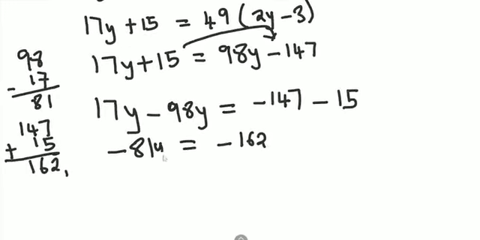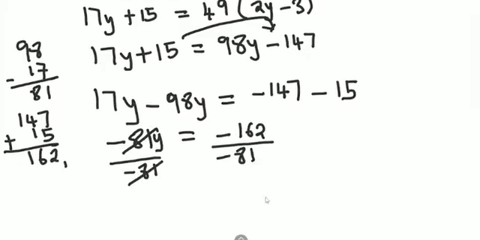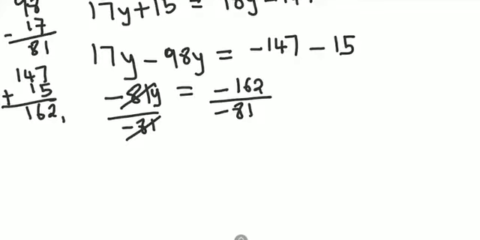Now remember, we want to find the value of y. Here I forgot a y. We are going to divide both sides of the equation by the coefficient of this y, which is negative 81. So negative 81 divided by negative 81 is 1, and here we are just going to remain with a y. So we write y equal to. Now we can cancel this negative and that negative. I hope you are following there.